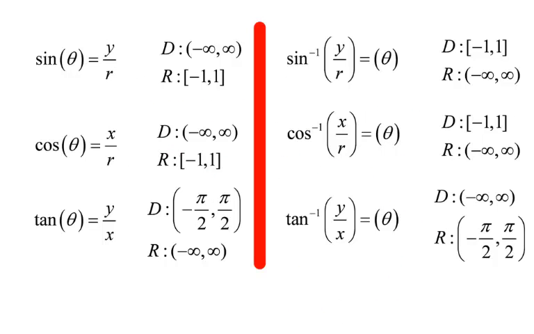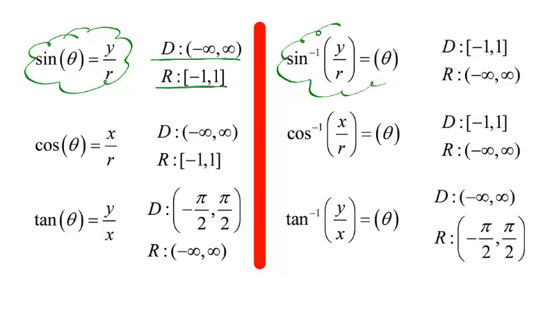Let's look at all of the inverse functions and all of the domain and range pairs for the pairs of inverse functions. If I feed sine an angle measure, I get a side ratio, specifically of opposite over hypotenuse, as a result. The domain for the sine function, all real numbers, the range, -1 to 1. For the sine inverse function, the inputs to that inverse function have to be the outputs to the sine function.